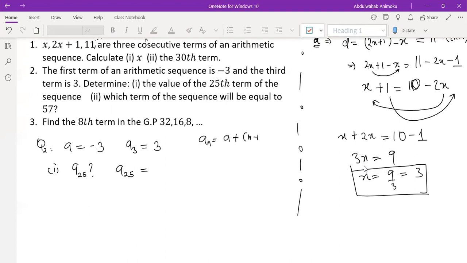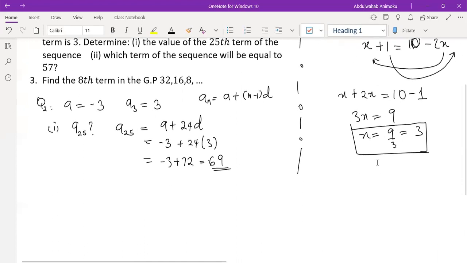A25 is just a plus 24d, which is minus 3 plus 24 times 3. 24 times 3 is 72. So minus 3 plus 72 is 69. That means A25 is 69.